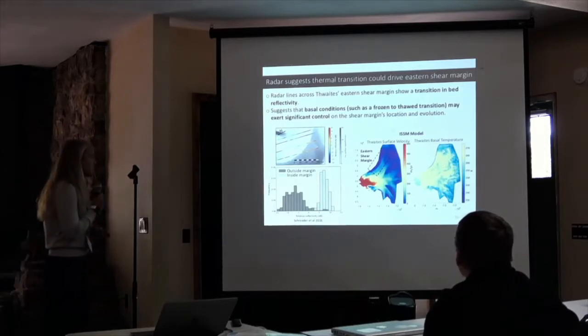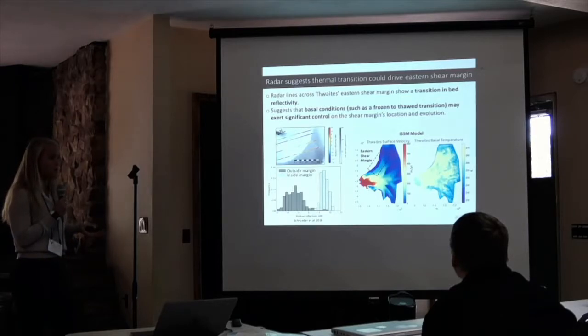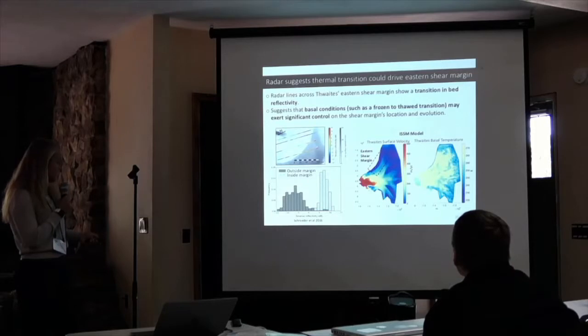So the eastern shear margin is not constrained by bed topography or strong bed geological features. But what we do see from radar is two separate camps of the bed reflectivity values.